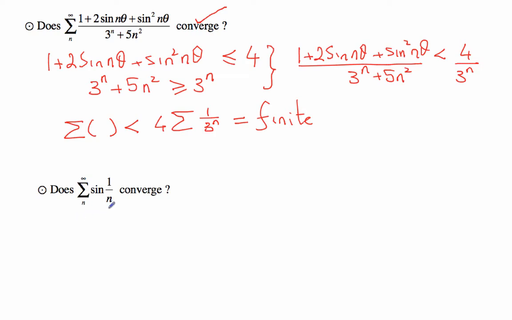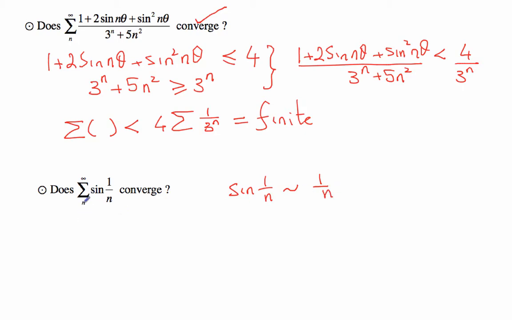Now let's look at this series over here, sine of 1 over n. Again, let me repeat that the only thing that matters is the behavior of these terms when n goes to infinity. So when n is large, sine of 1 over n goes as 1 over n.